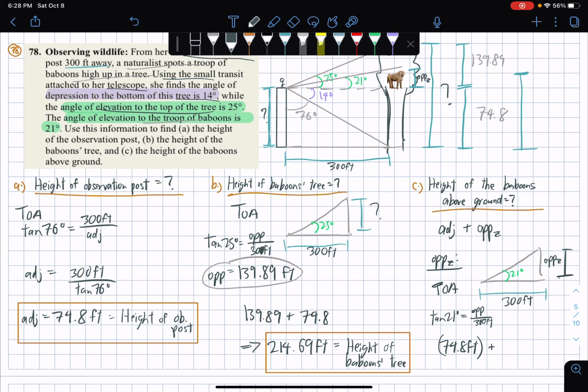You add it with the 300 feet tangent 21 degrees. So 74.8 plus 300 tangent 21, we get 189.96 feet. That is the answer for letter C.